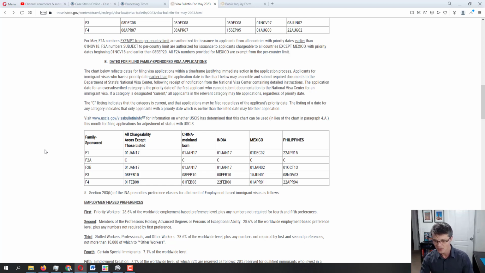Now we already know, okay, they have been waiting a whole year over the date that is shown on chart B. So we can estimate that the person most likely should be either documentarily qualified already by now, or the full access to the NVC portal should be open for that person literally anytime around the corner, because they're very, very close to the availability of the immigrant visa.